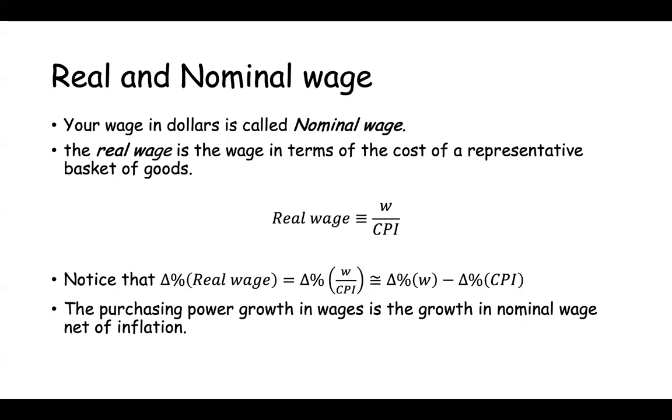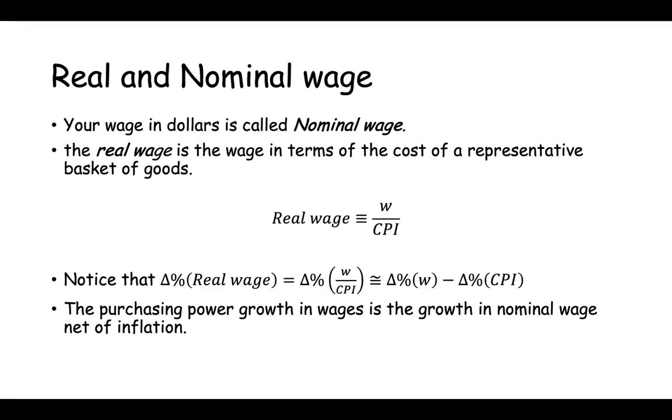Okay. And so if we go back to look at the inflation rate, remember in the time series I just showed you, the inflation rate was about 2% for a long time.